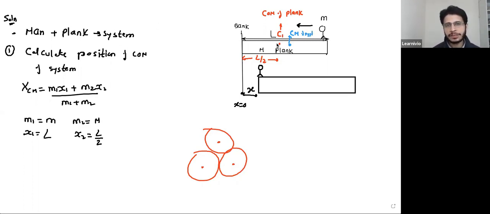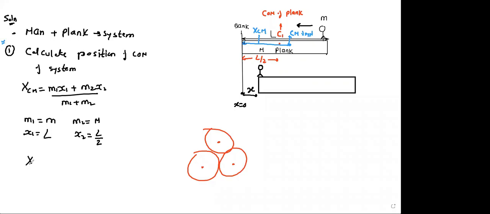So you can replace this man and plank by this point. Now I need the x coordinate of this point, which I call x center of mass. Substitute these values, get the value of xcm. That's the first part, if I'm breaking this numerical into parts.